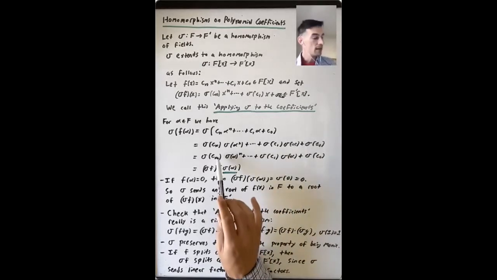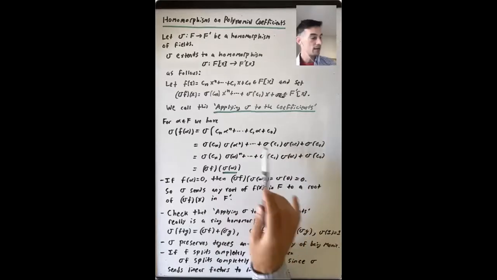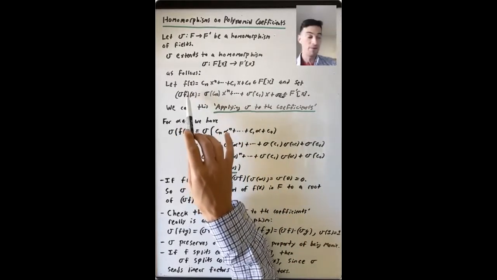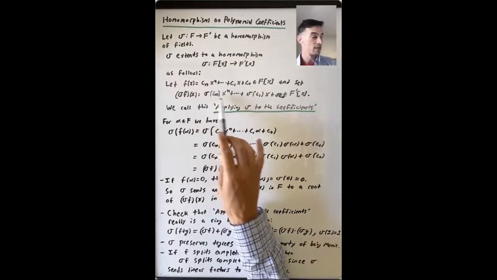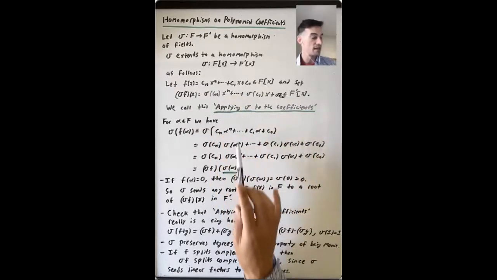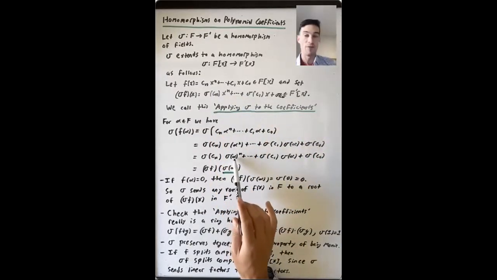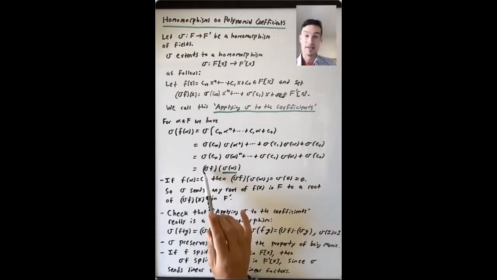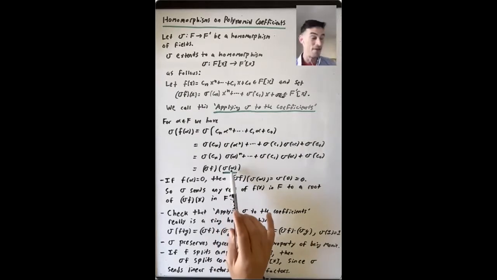And now it's clear that what we're getting is this polynomial sigma of f(x) evaluated at, well, here we have x^n, and here we have sigma(alpha)^n. So what we're getting here is sigma of f evaluated at sigma(alpha).